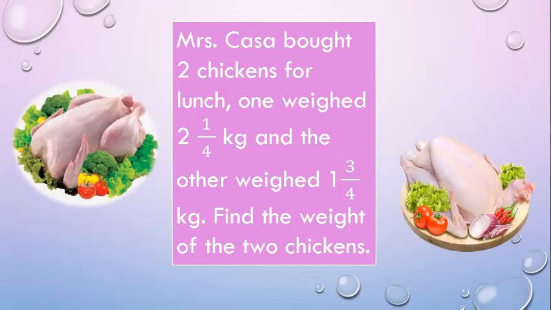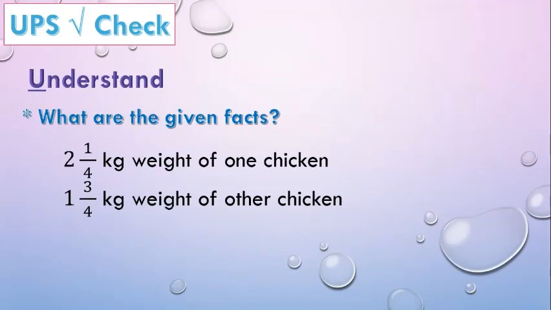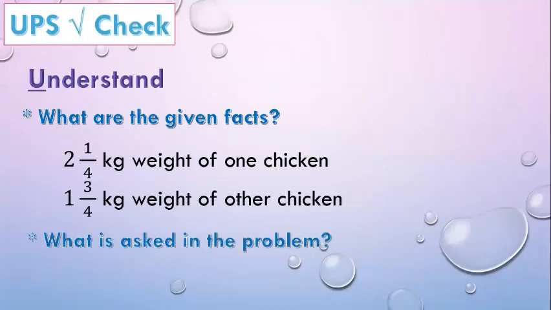Okay. So as we are going to apply our UPS check method, let's start with understand. So what are the given facts? You have 2 and 1/4 kilogram weight of one chicken and 1 and 3/4 kilogram weight of the other chicken.